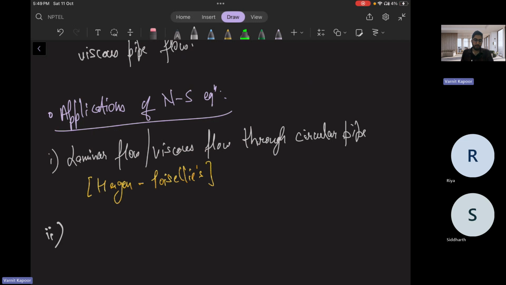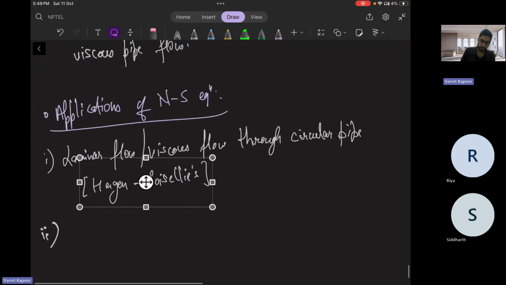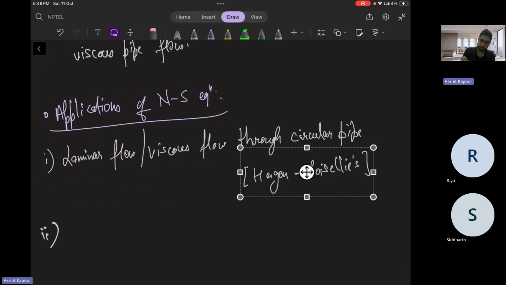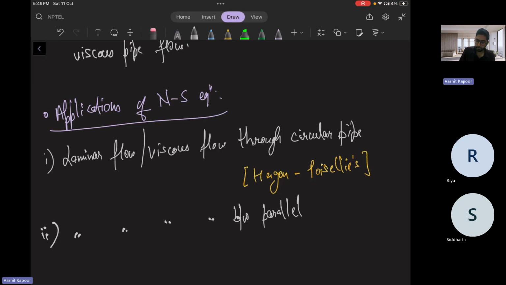Second, between the parallel plates, laminar flow or viscous flow through, not through, between parallel plates.